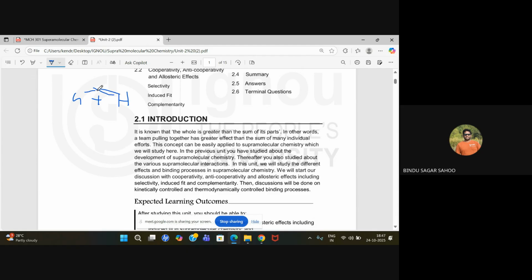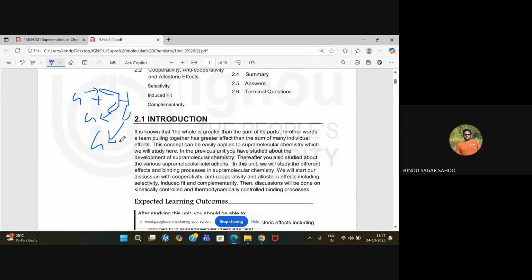So you add one guest here, another guest here, and another guest here. If this guest-host interaction creates a stabilization energy of 5 kilojoules, this guest-host interaction also creates 5 kilojoules, and this one also creates 5 kilojoules, then we can say the three complexes overall create 15 kilojoules of stabilization energy.